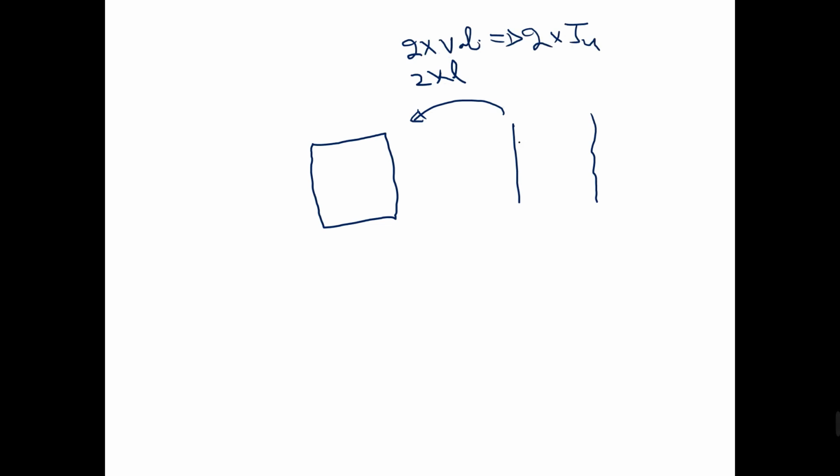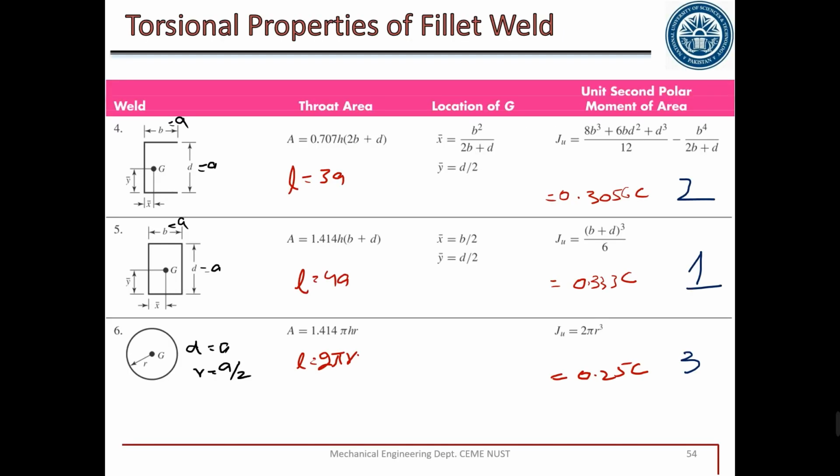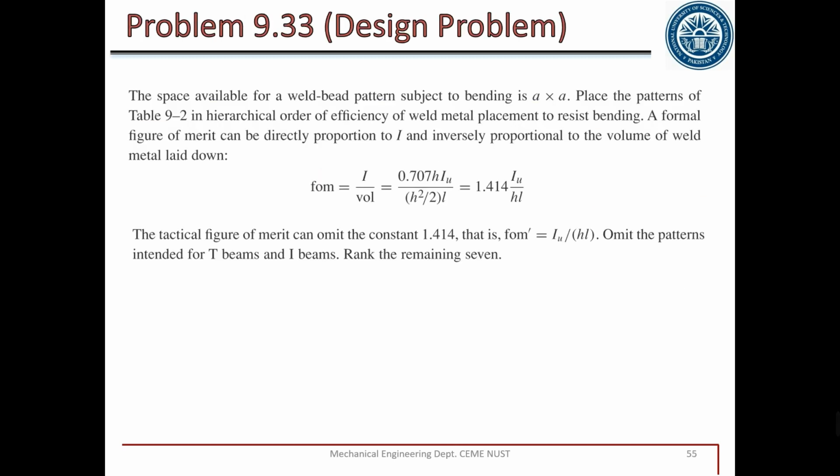Due to that reason, the figure of merit is the same. So strength per unit length of weld is the same for both these cases, in simple words, in case of torsion. So this is the method of selecting the type of weld.